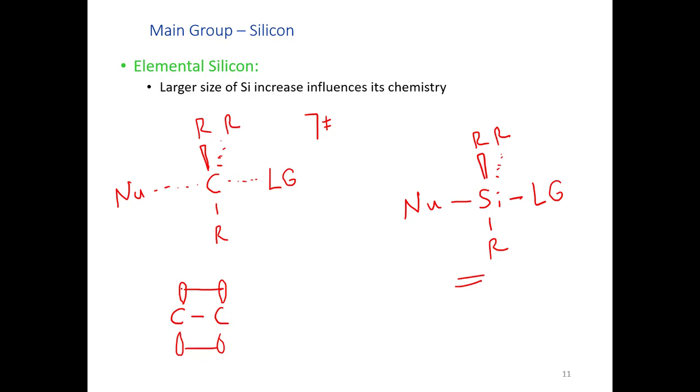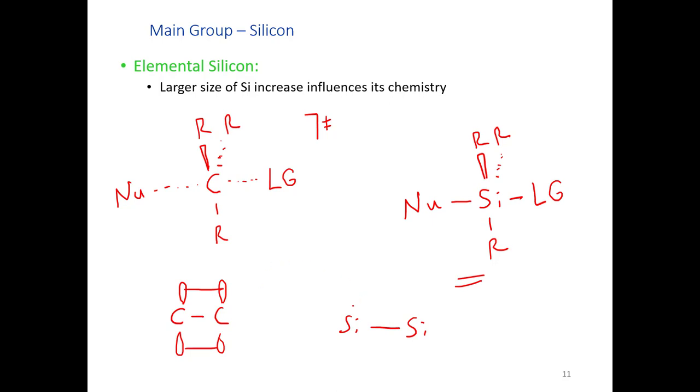Silicon atoms, on the other hand, are much larger and their orbitals are more diffuse. This makes silicon-silicon sigma bonds significantly longer, right here. So the silicon atoms are farther apart.